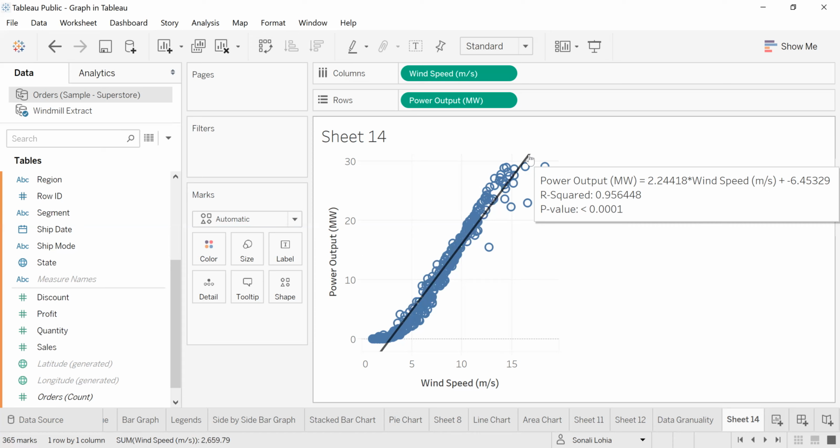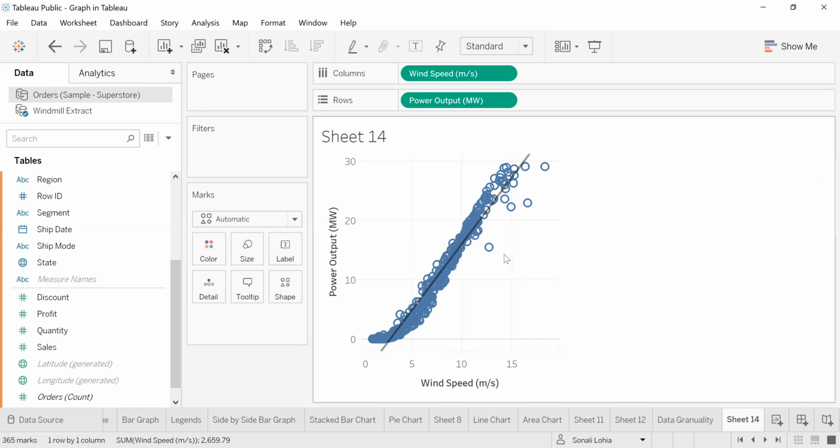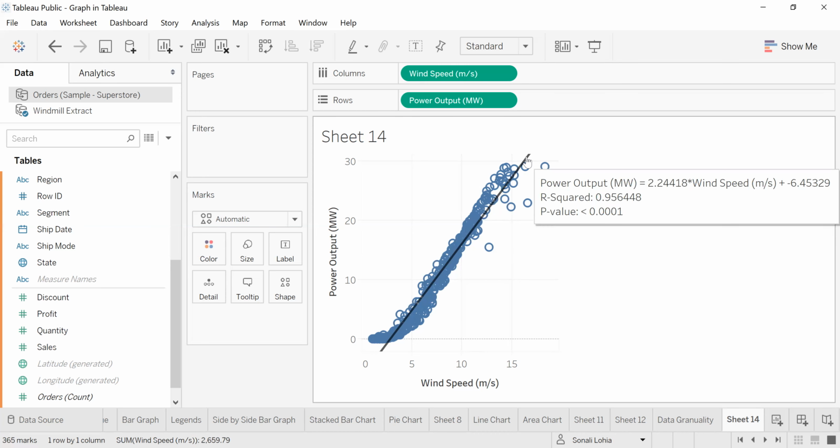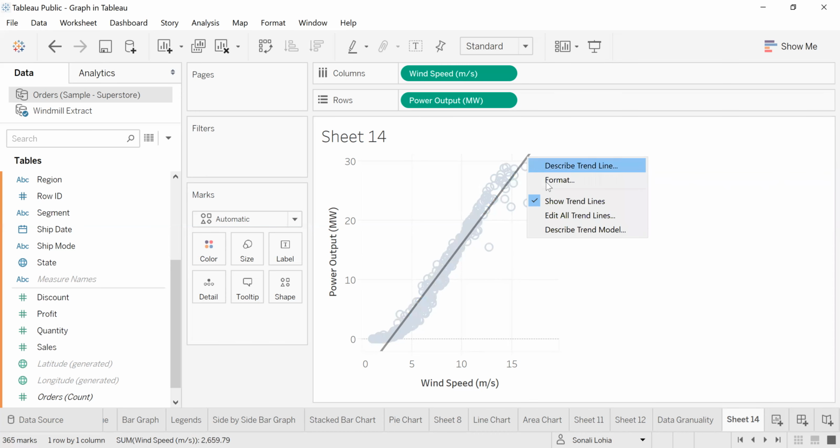Wind speed is x, that is the input variable, plus or minus c. So Tableau has already created a predictive equation for us to understand whenever the user provides an input. So with this, let me ask, suppose, let me remove this trend line for now.